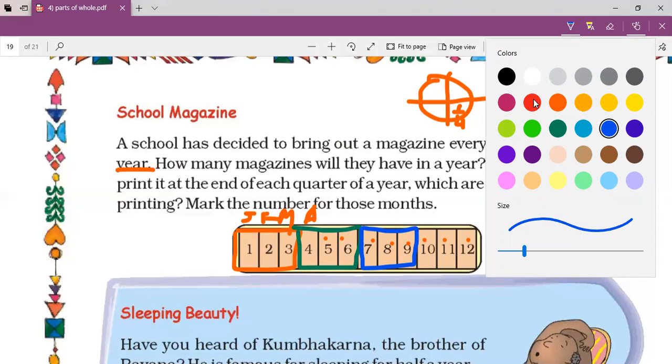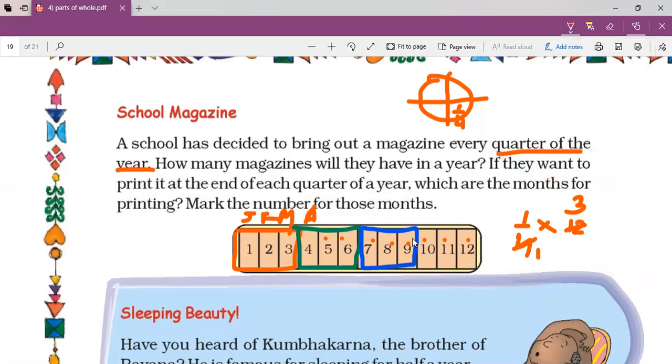So I'll take red color. So these are the quarters of one year. Quarter means 1/4 of the year.